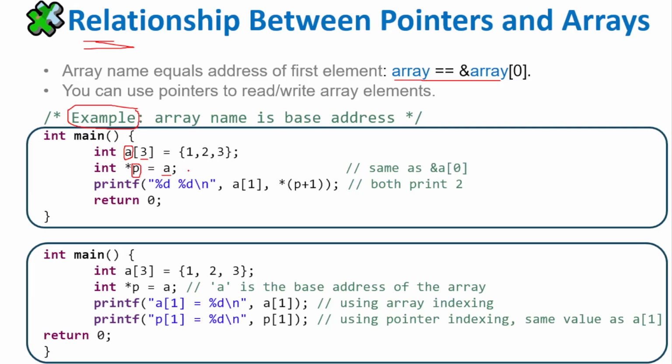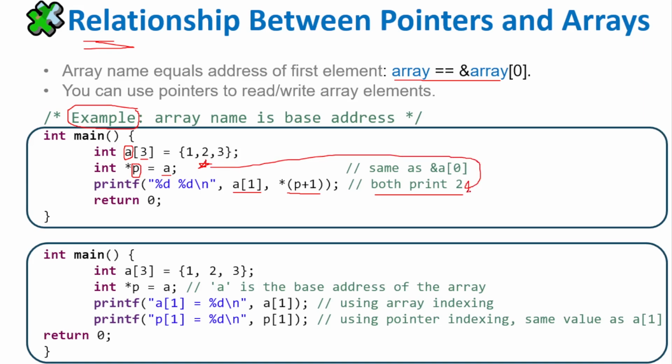Using A index 1, we access the second element directly, while P plus 1 does the same using pointer arithmetic. Both give the same result, showing that arrays and pointers are closely connected and that pointers can be used just like arrays to navigate their elements.